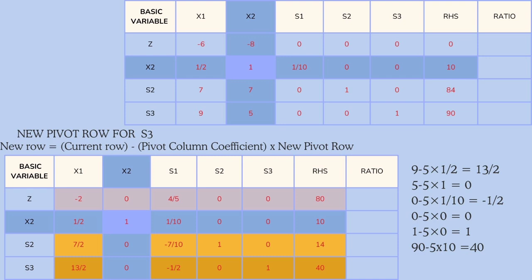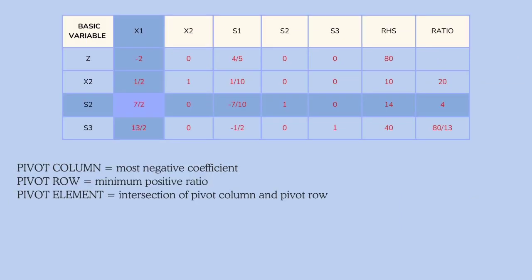So, natapos na natin lahat sagutan yung nasa table ay babalik tayo ulit sa umpisa para matanggal yung negative sa objective function and para makuha na natin yung sagot. So, hanapin ulit natin yung pivot column, pivot row, and pivot element. So, paano ba ulit nakukuha yung pivot column?